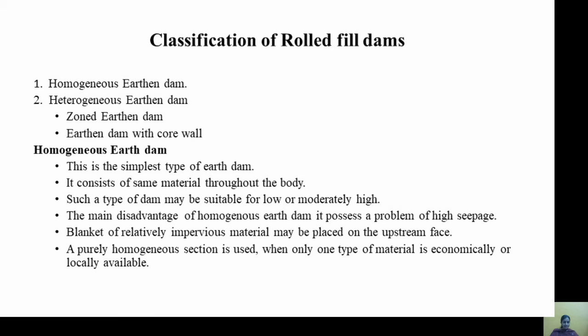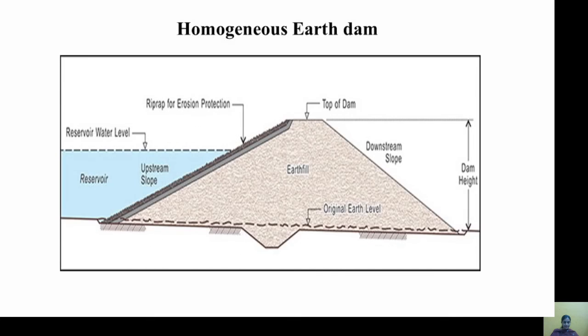Homogeneous earthen dam is the simplest type of earthen dam, where it consists of the same material throughout the body. The main disadvantage of this type is that it has high seepage. The blanket is relatively impervious, and pure homogeneous section is used when only one type of material is economically available.